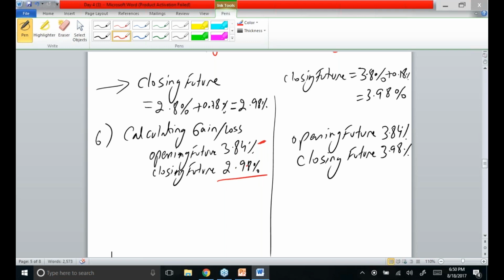And the loss amount is 0.86%. Remember, convert this 0.86% into ticks. How are you going to do it? Divide that 0.86% by 0.01%.